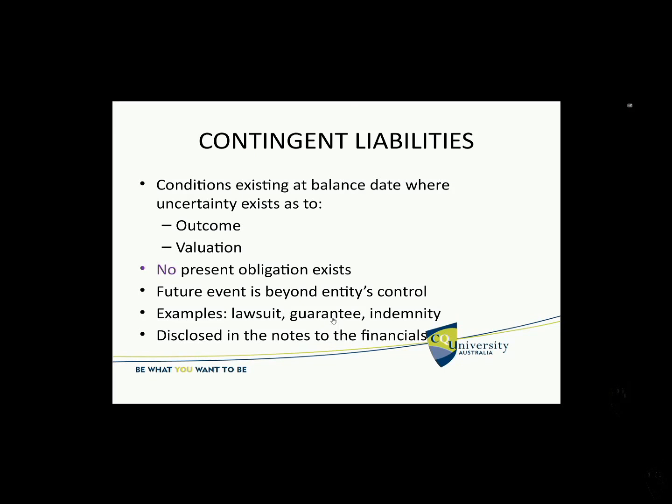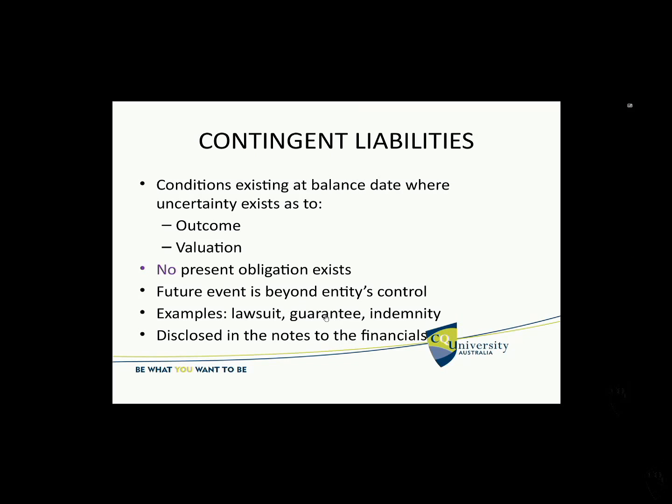You might think about it in really simple terms: Dad goes guarantor for the son to purchase a car on finance. Three parties involved, but for the guarantee, there's no present obligation until the guarantee is triggered, i.e., the son hasn't paid for the car to the finance company, and then the father has to come in and pay the finance company on the son's behalf.